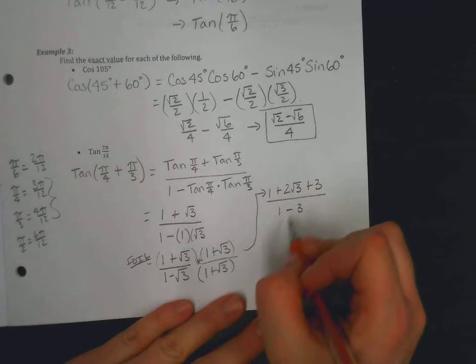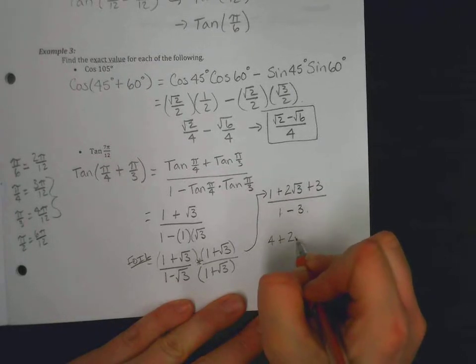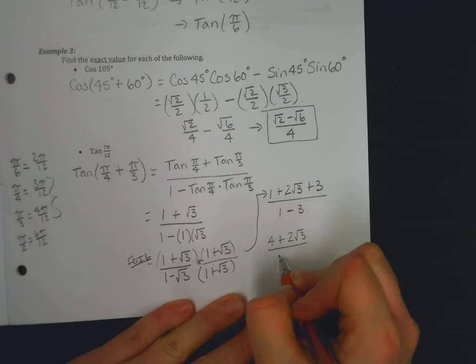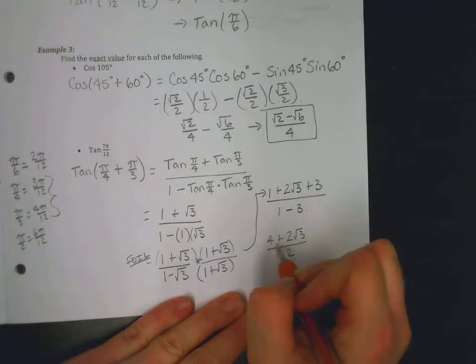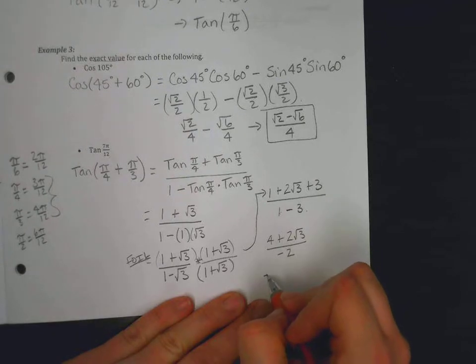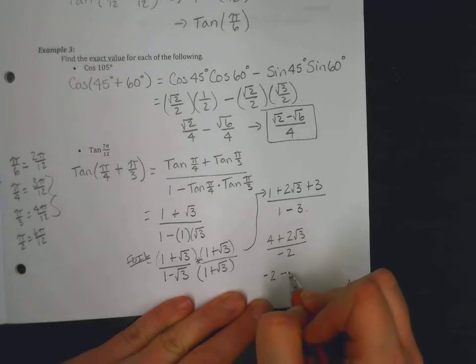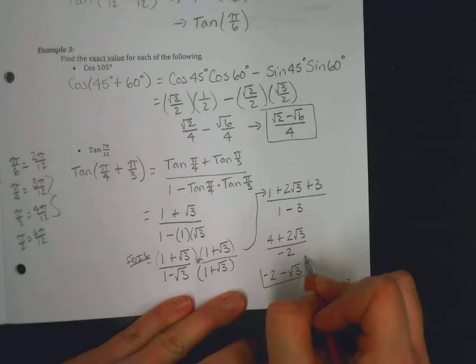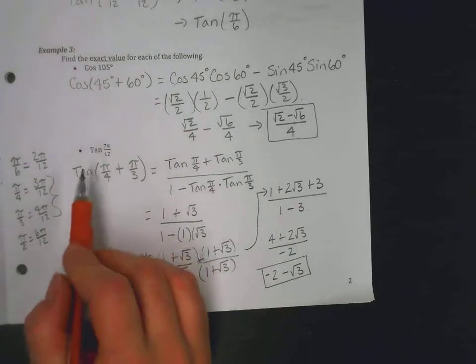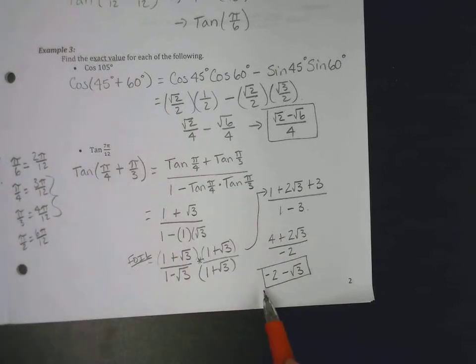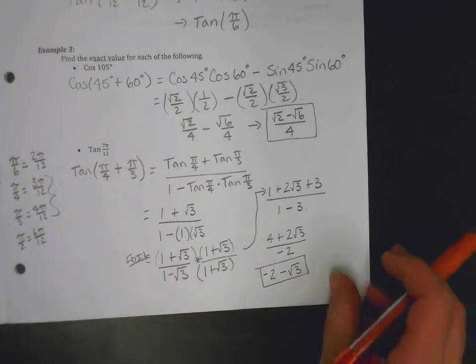So simplifying again, this becomes 4 plus 2 root 3 all over negative 2. I could then divide each of these values by negative 2, which would give negative 2 minus root 3. So what is my exact trig ratio for tangent of 7 pi over 12? It would be negative 2 minus root 3.